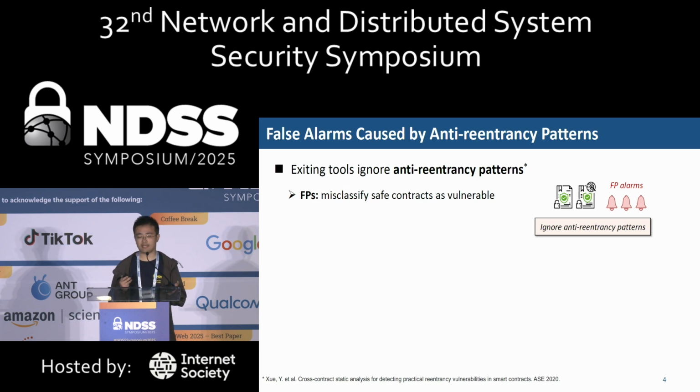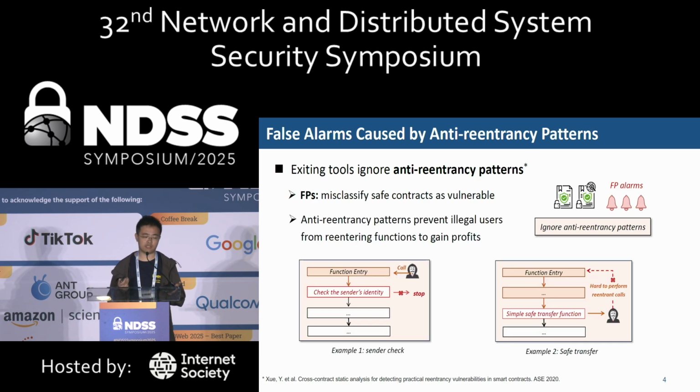So what exactly are anti-reentrancy patterns? Anti-reentrancy patterns are code structures, unintentionally or intentionally designed, that can stop illegal users from reentering functions to make profits. Let's look at the bottom left figure. This figure shows a typical pattern.